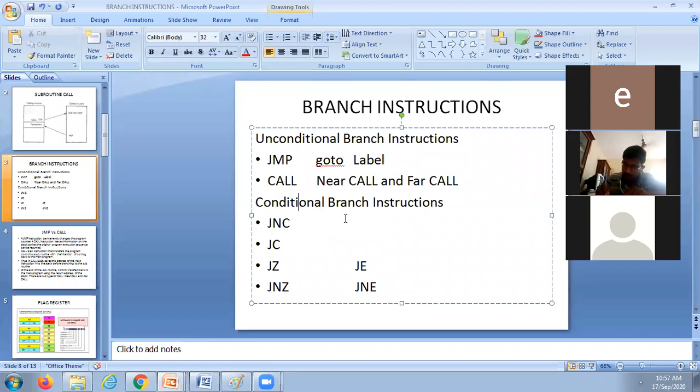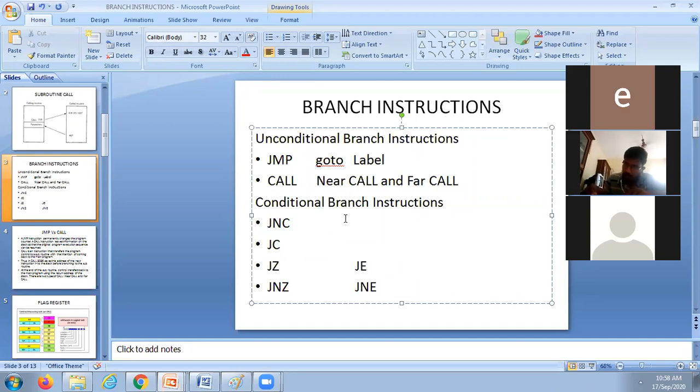In the conditional branch instructions, we are using the flag register bits of a processor or of a CPU.